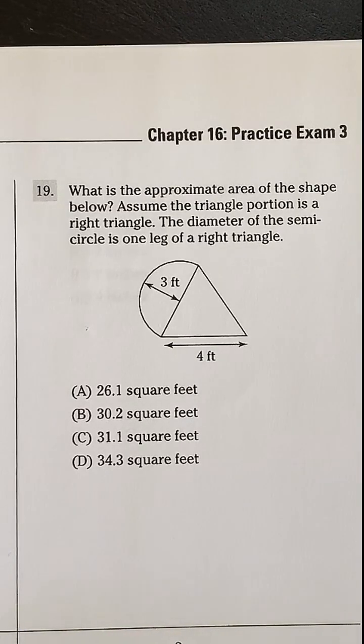So is the approximate area of that shape A, 26 1/10 square feet, B, 30 2/10 square feet, C, 31 1/10 square feet, or D, 34 3/10 square feet?